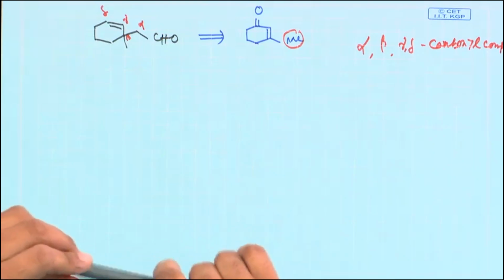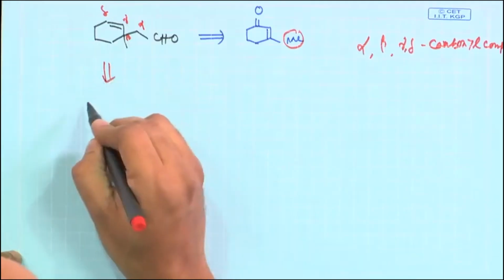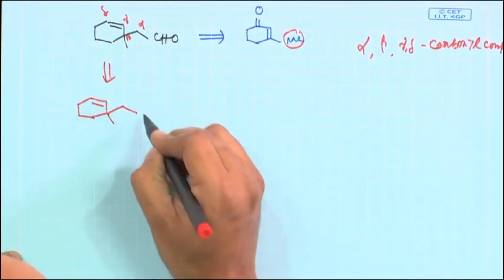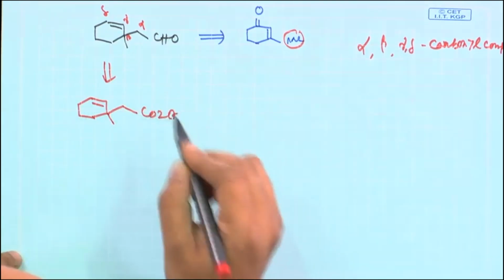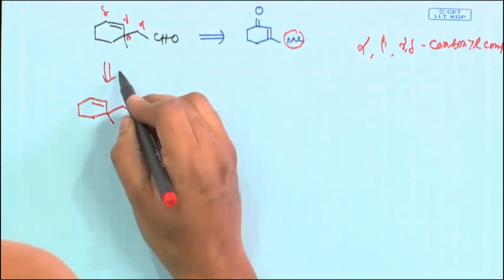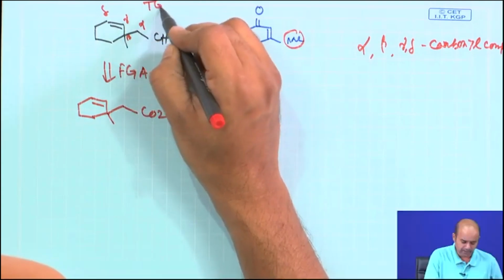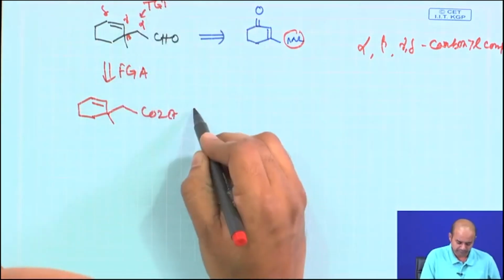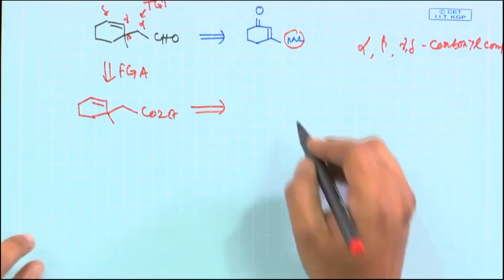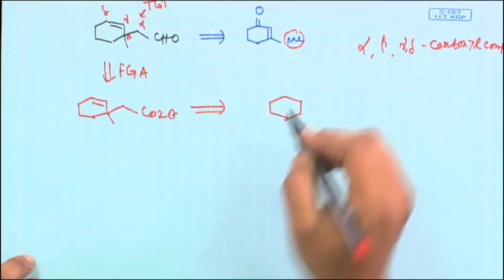For this kind of compound, let us do a simple straightforward analysis. We know that if you can convert this ester, you can easily go back to the aldehyde by simple functional group addition. This is your target molecule. Now, here your main trick comes: how can you prepare this gamma delta unsaturated ester?